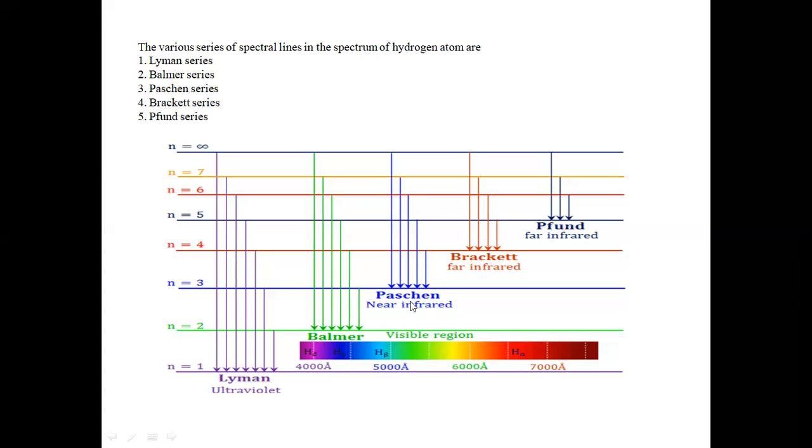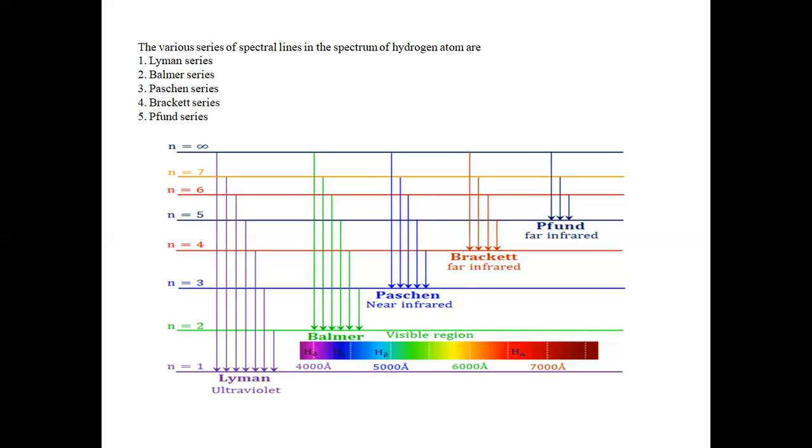And the third series is the Paschen series. Here it is produced when the electron jumps from higher energy levels to the third energy level. When they fall back from higher energy levels to the third energy level, that time we observe the Paschen series.